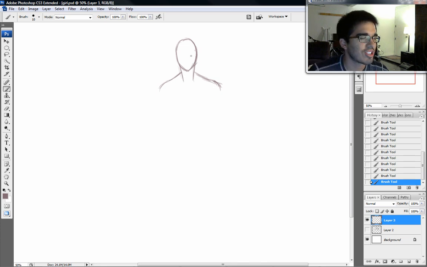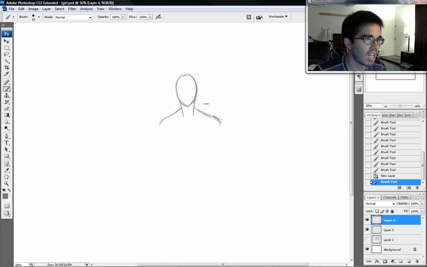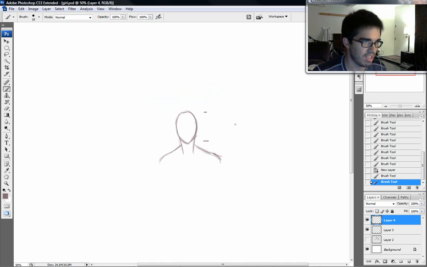So the first thing you're going to do, as you saw, is draw the head and the neck, just like that other tutorial that we did where we were drawing the lady. So what you're going to want to keep in mind is the line here, and the line here, and the line there. And you'll see that that is obviously the proportion of the head.